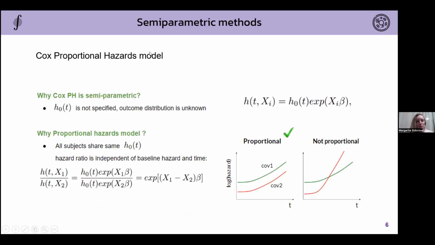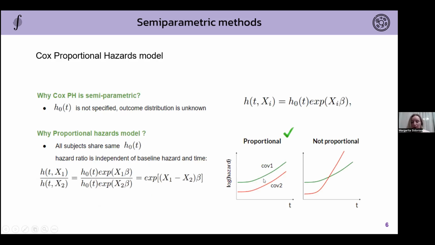So why is the Cox proportional hazard model semi-parametric? Again, because the baseline hazard is not specified, and therefore we don't know the distribution. Why is it a proportional hazard model? Again, because the baseline hazard is population level, and therefore the hazard ratio is independent of baseline hazard and independent of time.